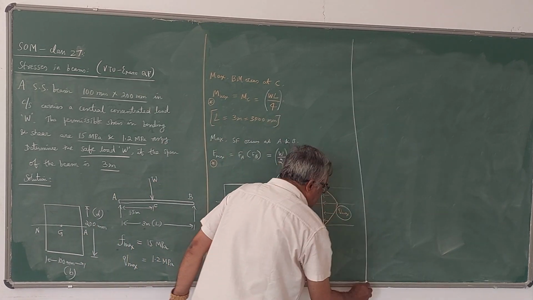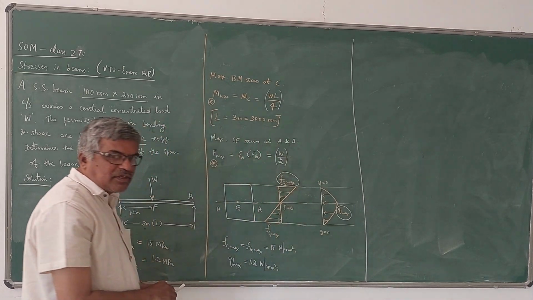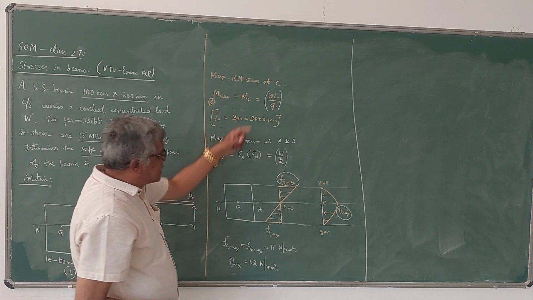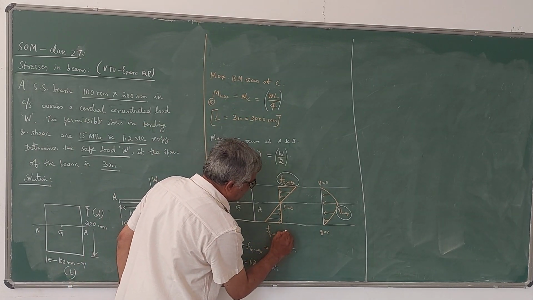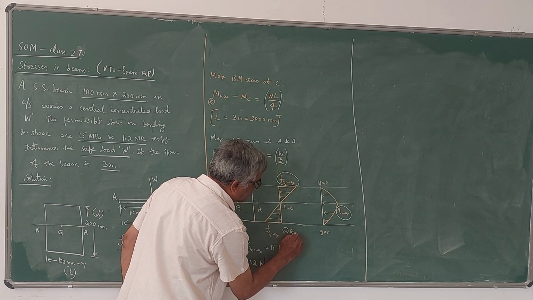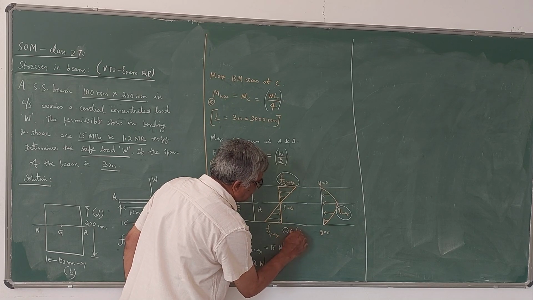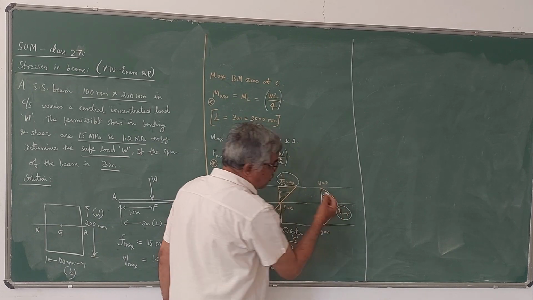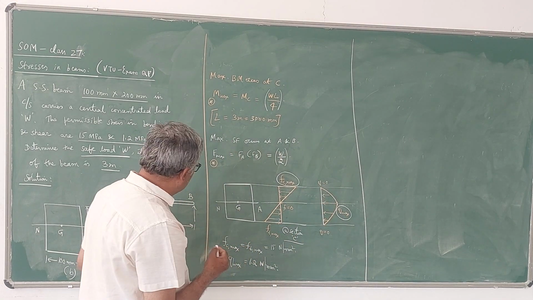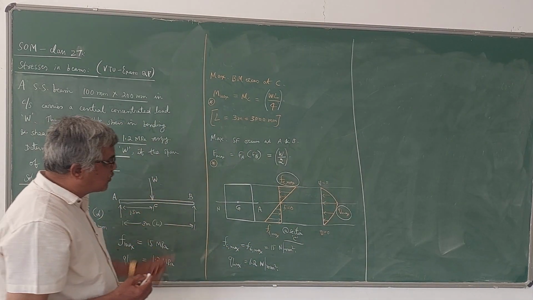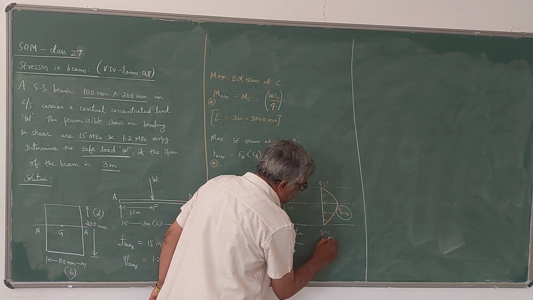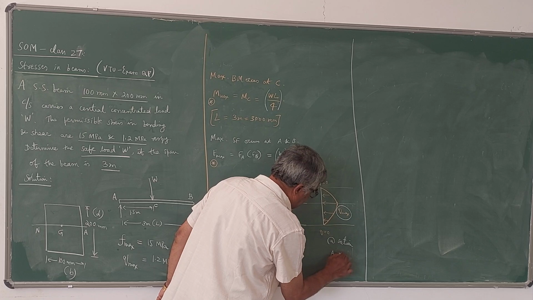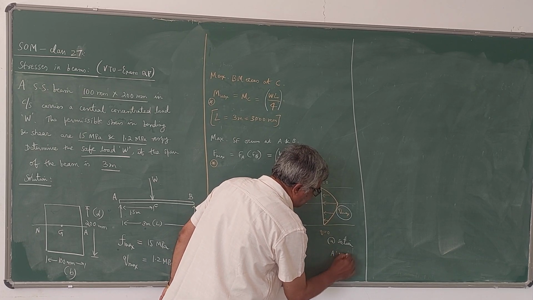So for using this bending stress equation, we have to take section C, the section at the point C. Whereas if you want to use this shear stress diagram, because shear force is maximum at the supports A and B, this section will be at section A or B. So please note that it is not at the same section.